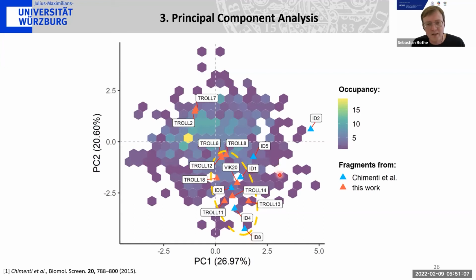To compare the reported fragments with our fragments, we plotted the chemical space of the fragment library in Bergen and plotted the positions of the found fragments of our work and of the one from Cimenti et al. and found that they all lie in this area of the chemical space.